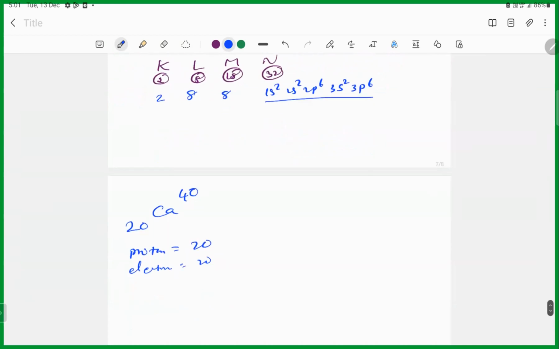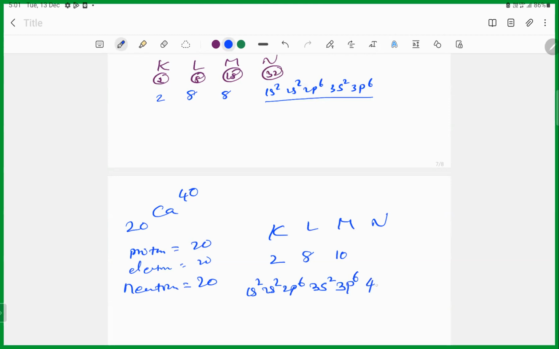So K element will be 2, L element is 8, and M will be 10, sir. 3s2, 3p6, 4s2. So 10, 18, 20.